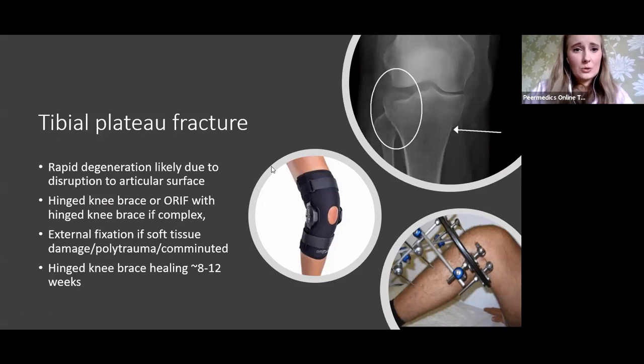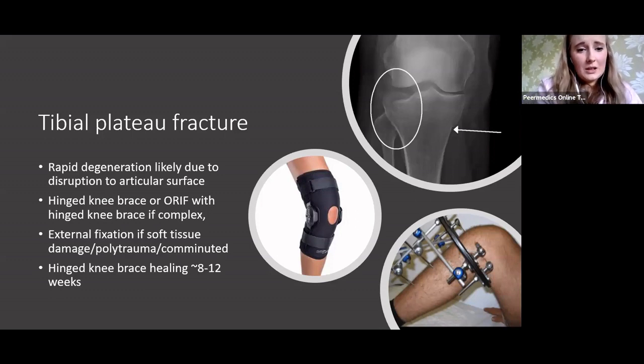But you tend to get very sudden onset pain because it's disrupting the articulation of the joint. And if you leave it for a long time, you can get quite rapid degeneration of the knee joint. So you want to get it dealt with quite quickly, and really protect your articular surface before you're basically sentencing someone to a knee replacement.